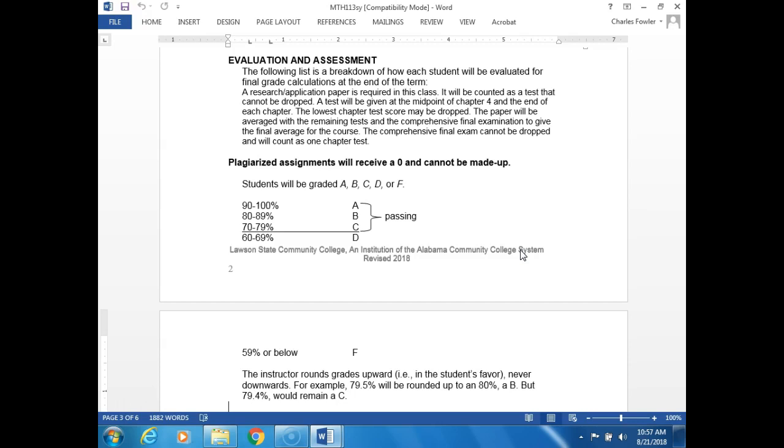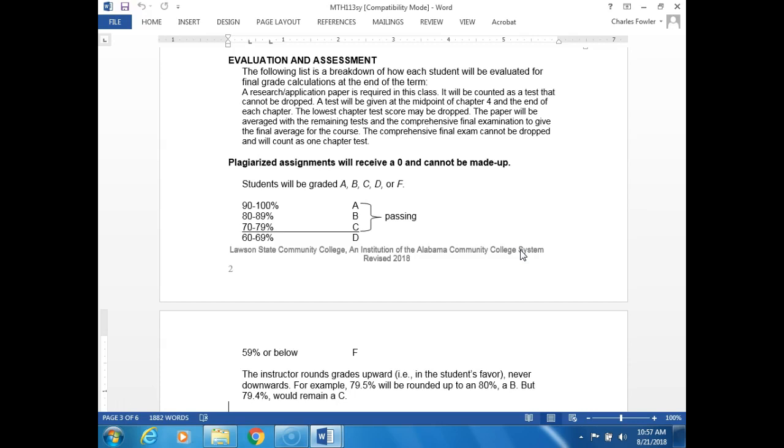Okay. Now, I need to correct this. This is what was written by, I think I know who. Obviously, you didn't understand math. I've got to change this because this makes no sense. The instructor rounds grades upward, i.e. in the student's favor, never downward. But then look at the person's example.